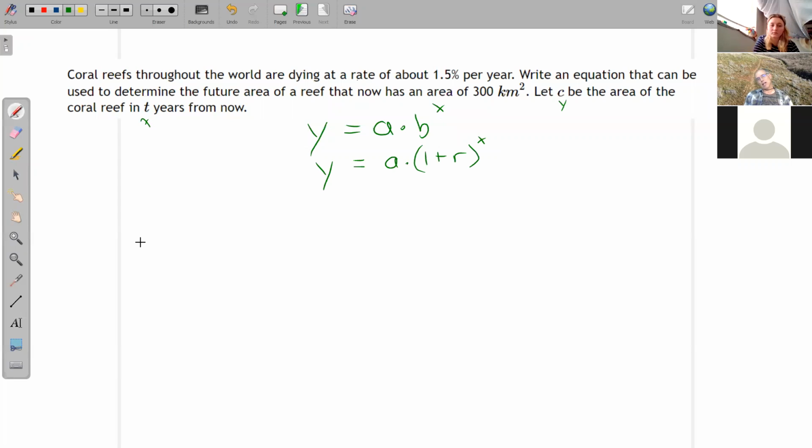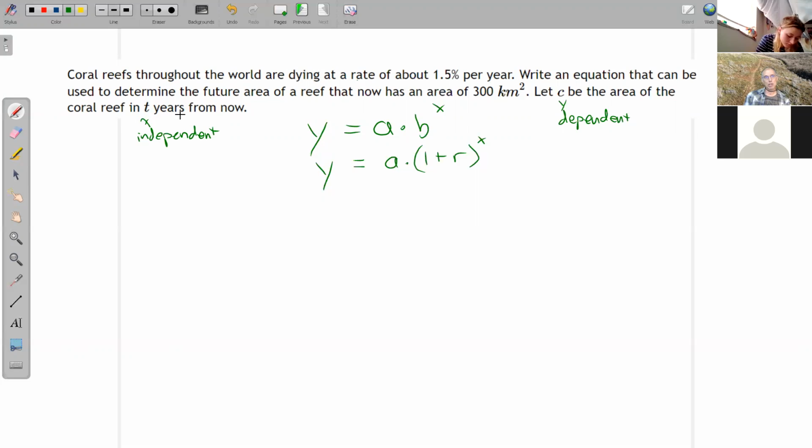And then sometimes I get confused, like, well, which one is x? Is x the t or the c? So then you have to think about what's the independent variable and what's the dependent. X is the independent variable, and y is dependent.